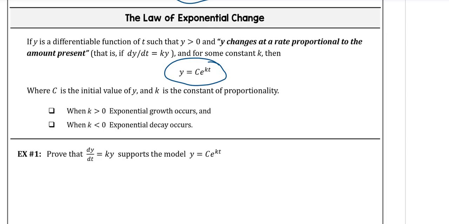C is the initial value, so that's what happens when t equals 0, y will equal c. And k is considered the constant of proportionality. So you want to remember, when k is positive, you have growth, and when k is negative, you have decay, which is what we learned in Algebra 1.